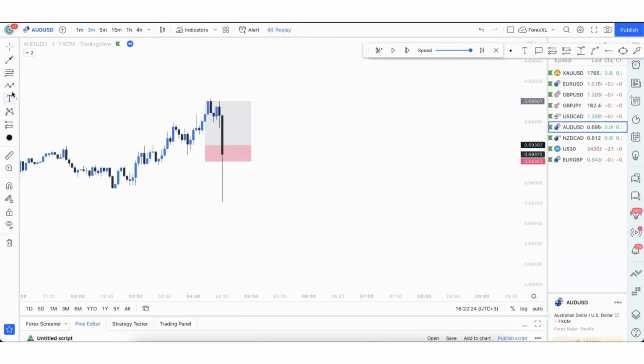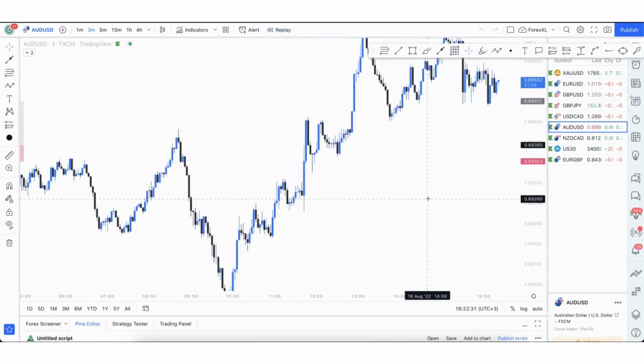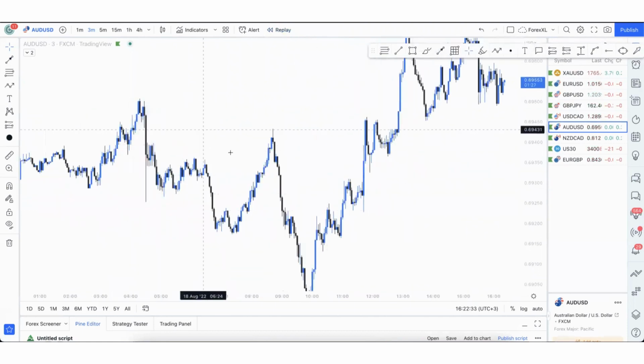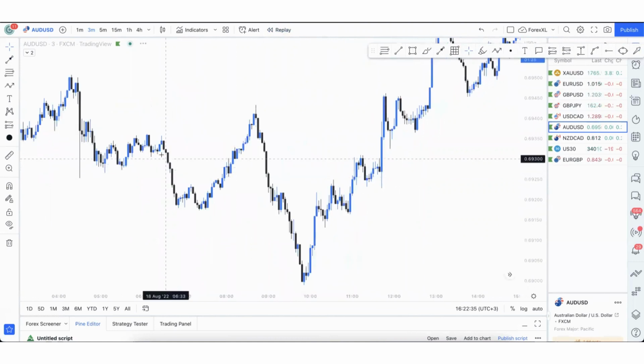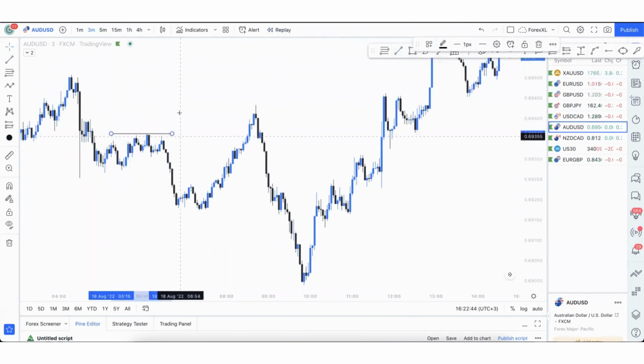So another example is this one, a double top, right?